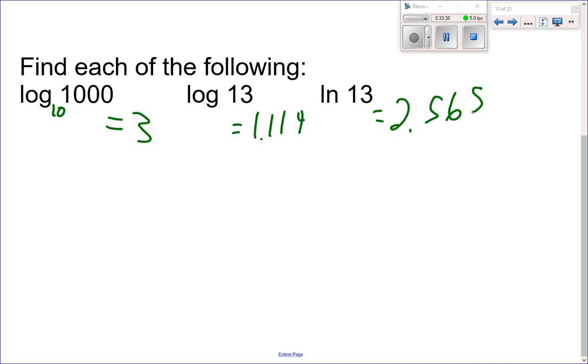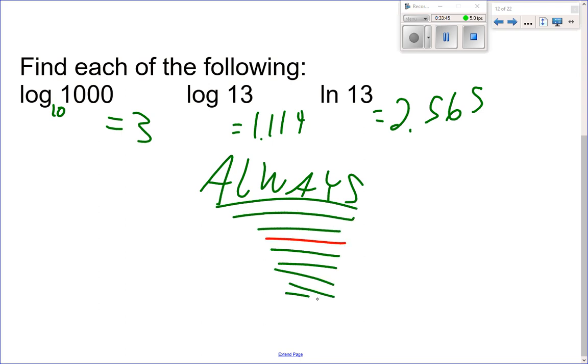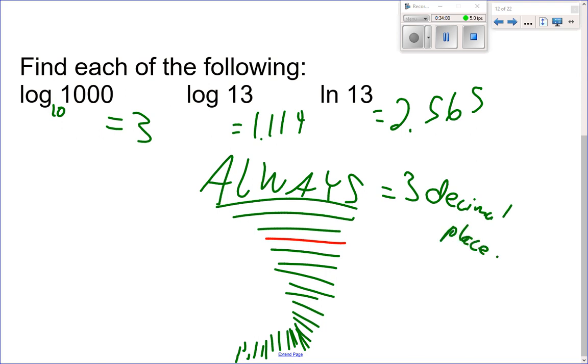By the way, always 3 decimal places. We will never see any directions written out, any instruction that says you round your answer to 3 decimal places.